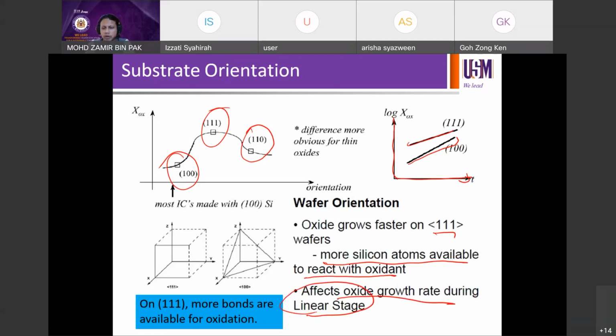So let's recall, during the linear stage, what is the limiting factor that limits the process? What is the limiting factor in the linear stage of the growth? Anyone?